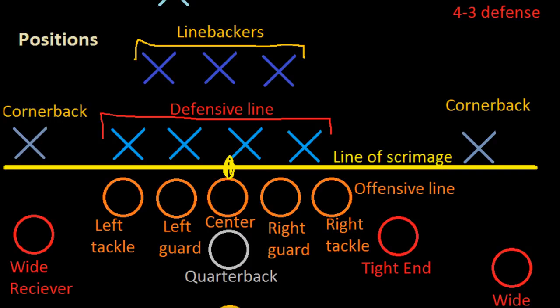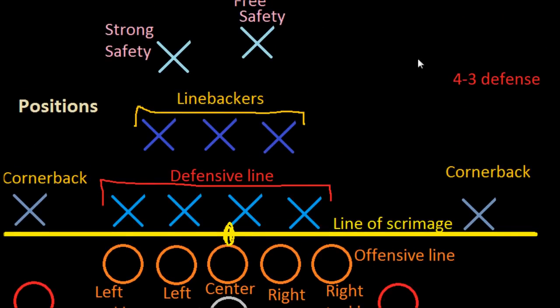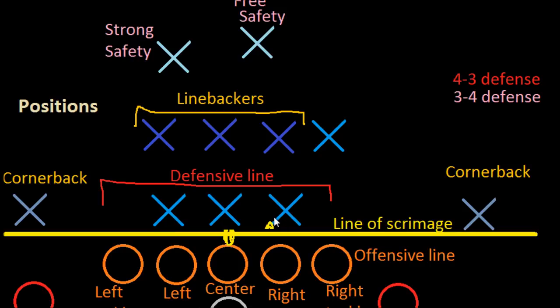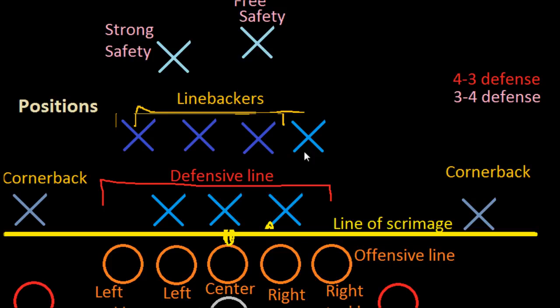The other common way that you might see guys line up instead of a 4-3 is a 3-4 defense, which would simply mean that one of the linemen will actually move back, and so you will have 3 linemen move over in the middle there, and then you would have 4 linebackers, so that would be the 3-4 defense. And really these guys can stand wherever they want.